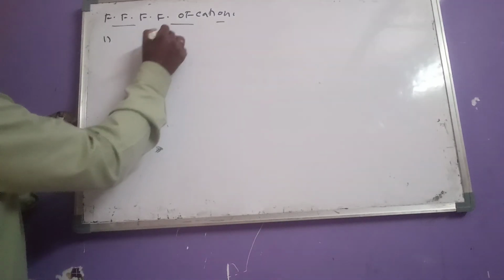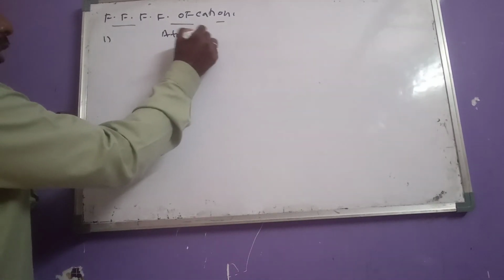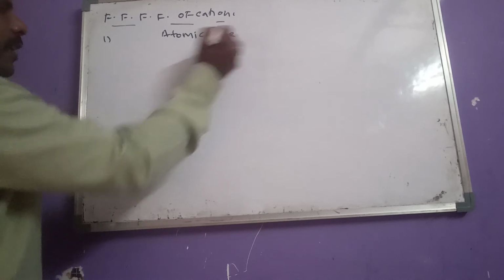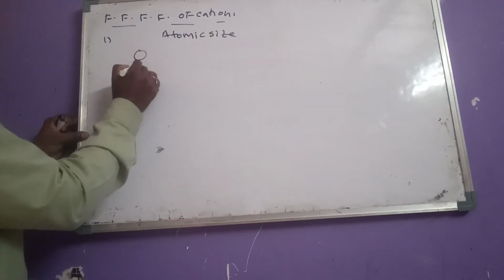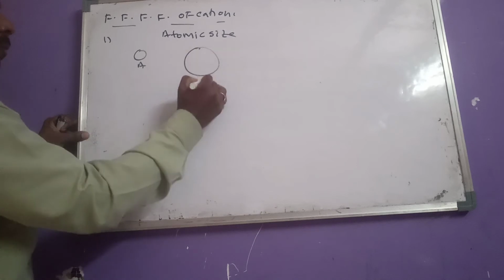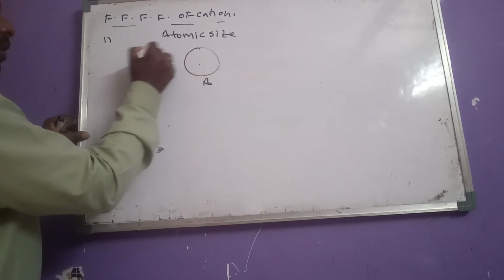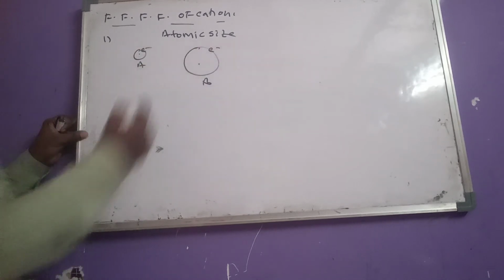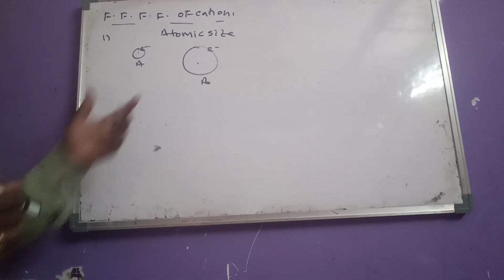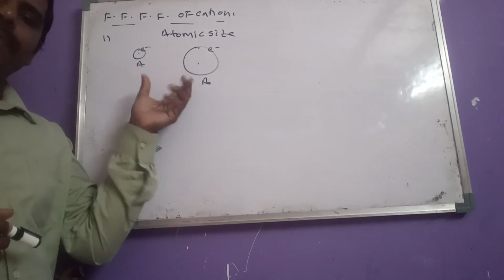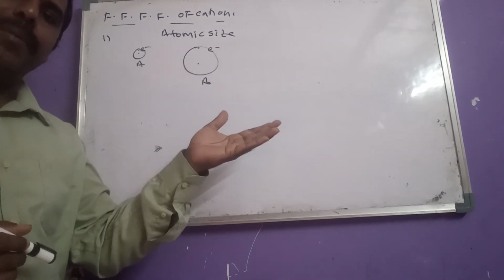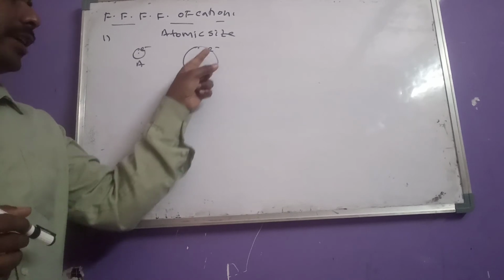So now first, regarding atomic size. Let it be the A atom, let it be the B atom. Here electrons are present in the outer shell. So we can expect which of these two atoms will lose electron readily? The B atom. Why?